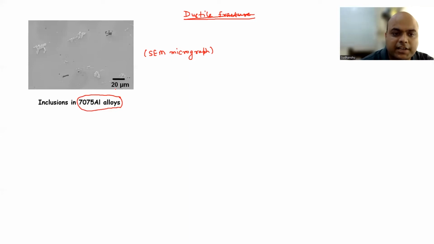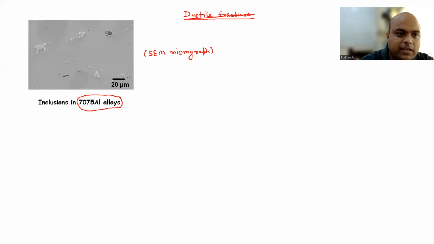This is an age hardenable aluminum alloy where zinc, magnesium and copper are present as major alloying elements, in addition to obviously aluminum as the main element.